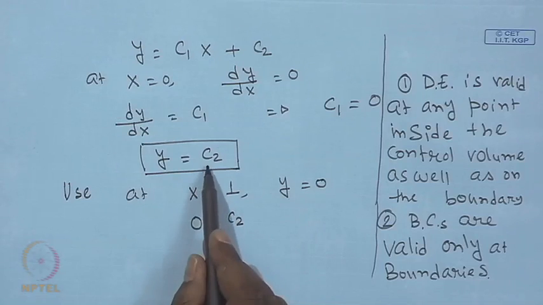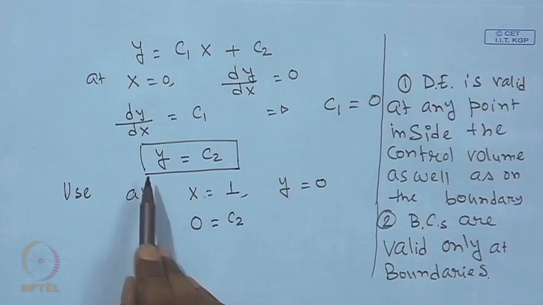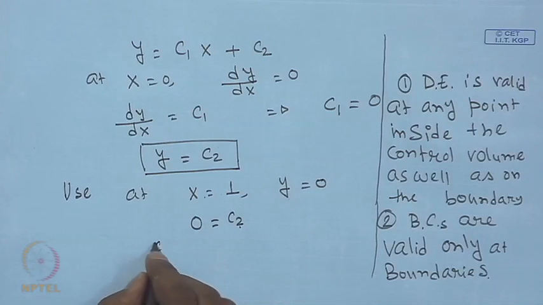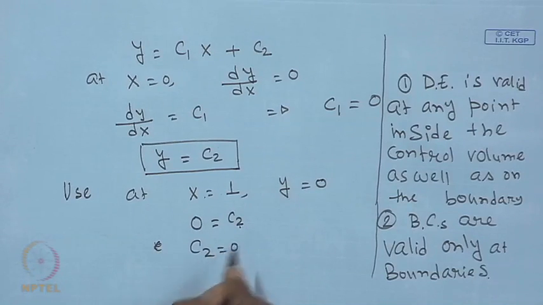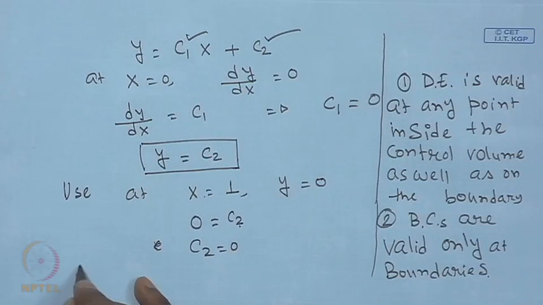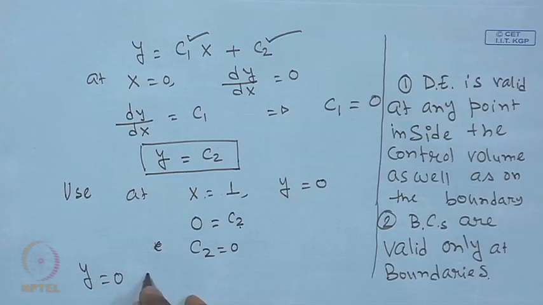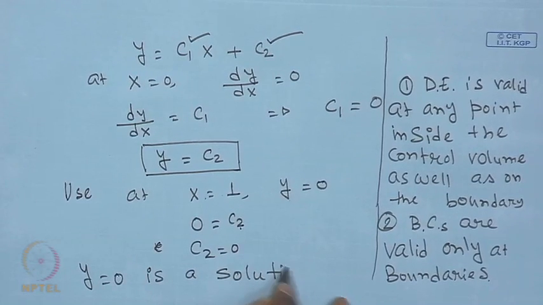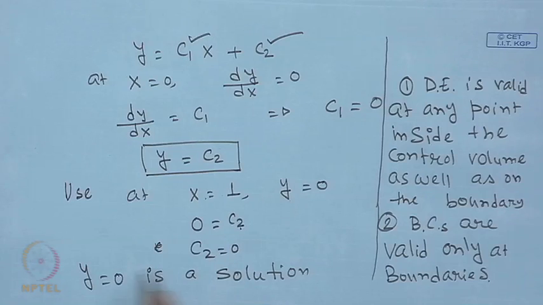So, these two can go hand in hand if and only if we put y is equal to 0, that is c 2 is equal to 0. So, c 2 becomes 0, and c 1 is 0. So, you will be getting y is equal to 0 as a solution. And if you remember, this is a trivial solution.